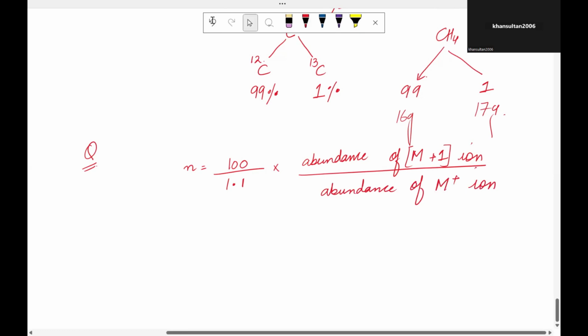This basically represents the number of carbon atoms.